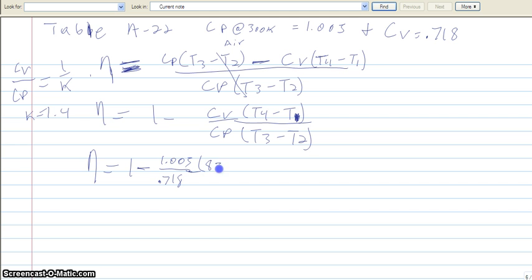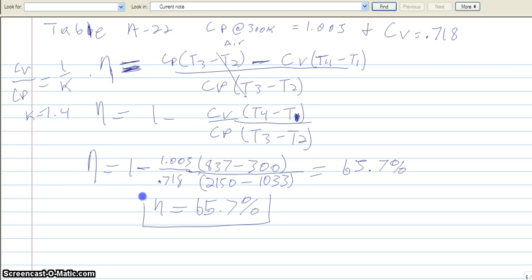T4, 837, minus 300 Kelvin, T1, divided by 2150, which is T3, minus 1033, which is T2. And you will get an efficiency of 65.7%. And there's your answer. Part C.